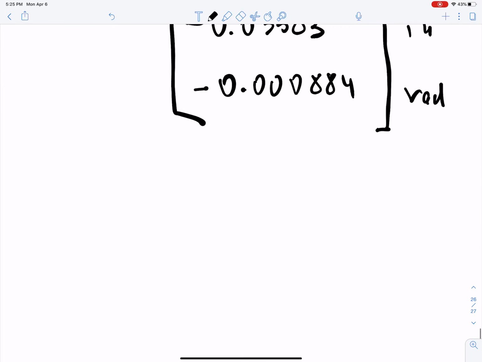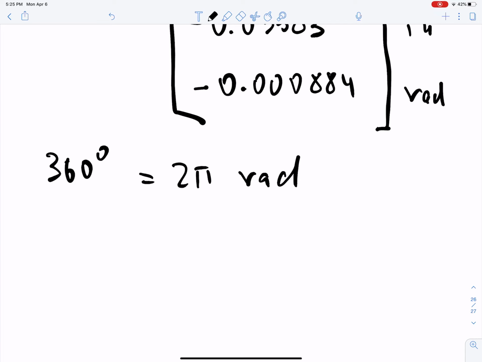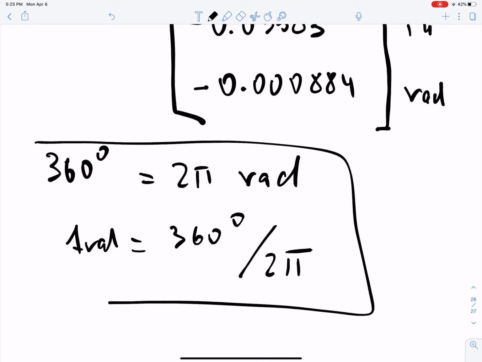Okay, let me recall that 360 degrees is 2 pi radians, right? So 1 radian is 360 degrees divided by 2 pi. Still quite small. Okay. Good. All right.